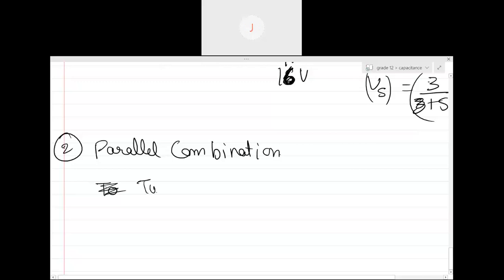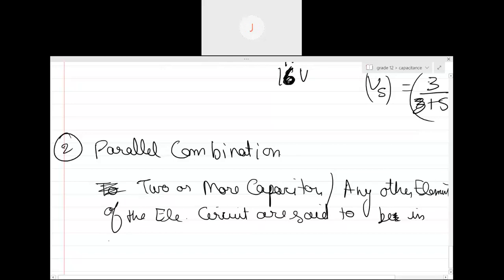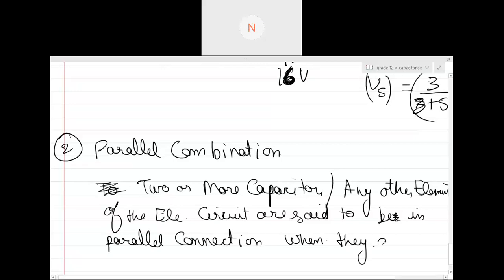Two or more capacitors or any other element are said to be in parallel when they are connected between two fixed points.